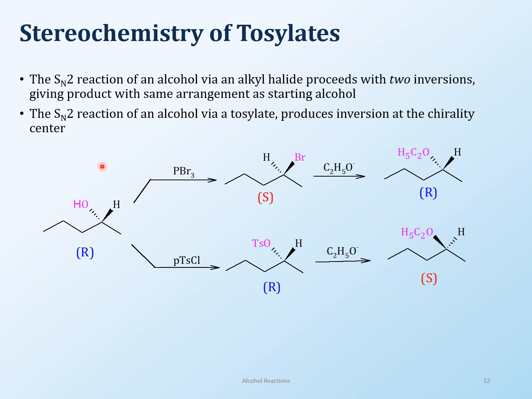So depending on stereochemistry, you can either choose the top route or the bottom one, depending on what kind of chirality you want. Now, I do ask you about chirality when we do these kinds of reactions, because this is one of the things about tosylates.